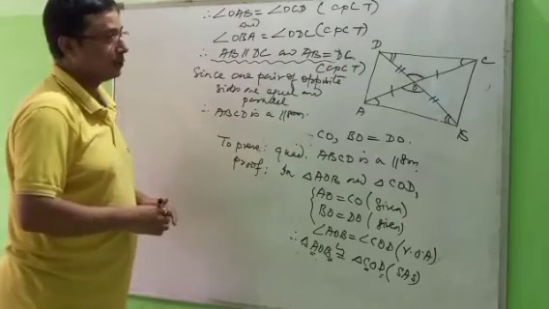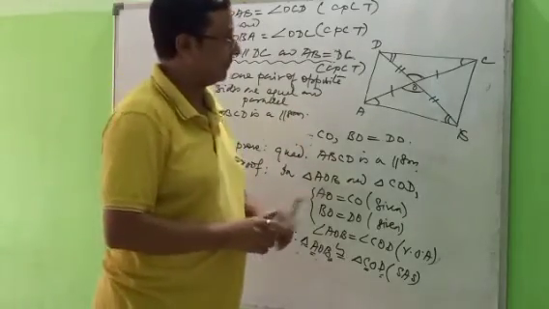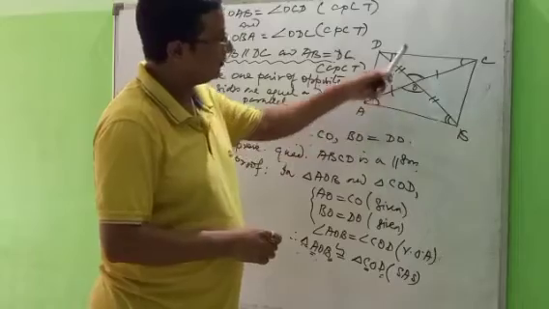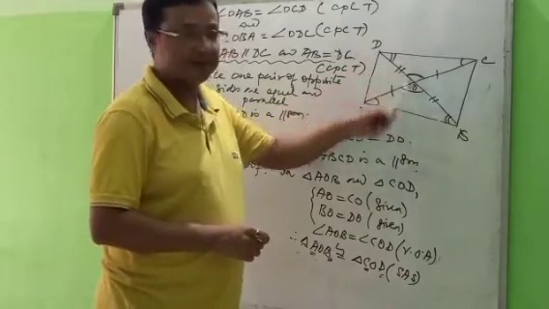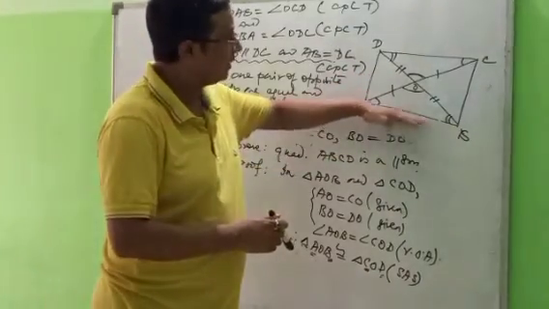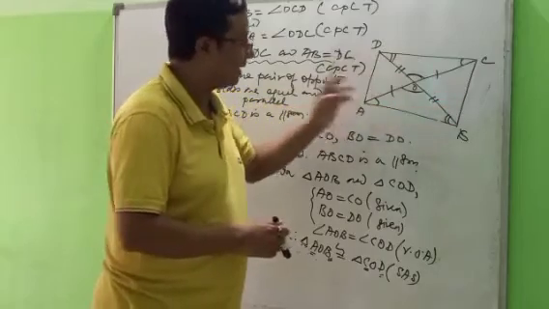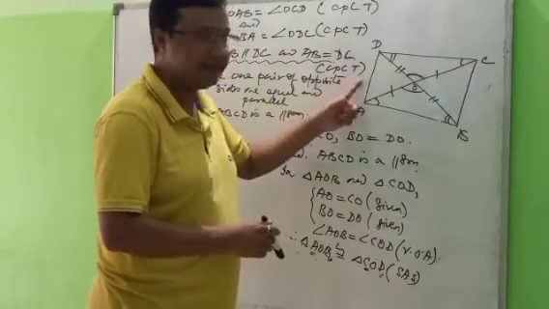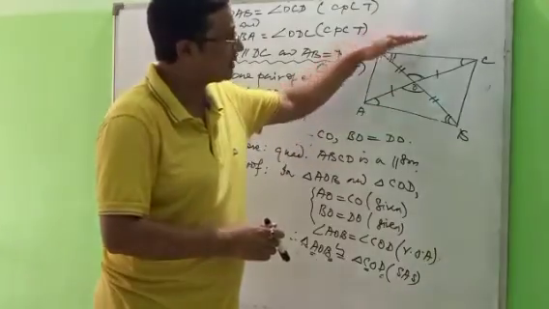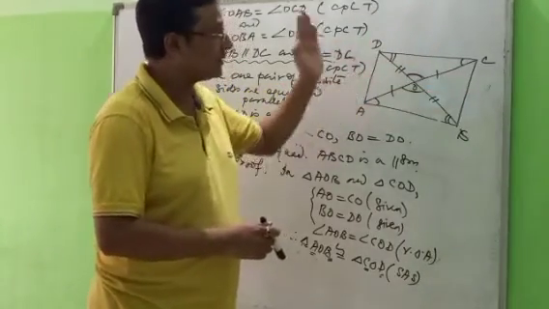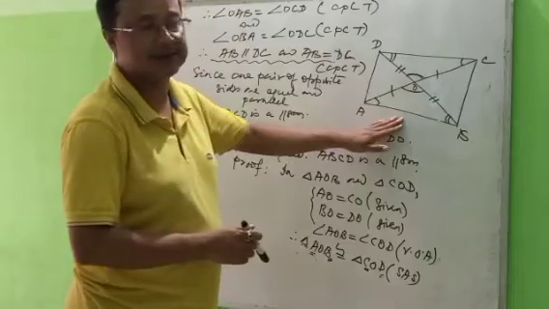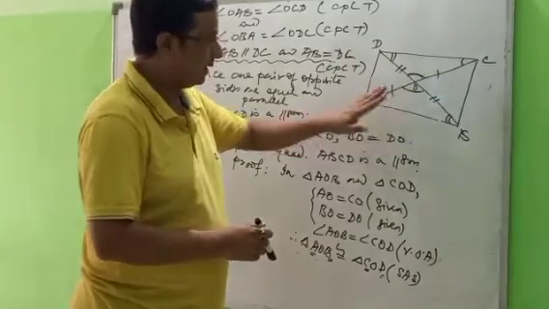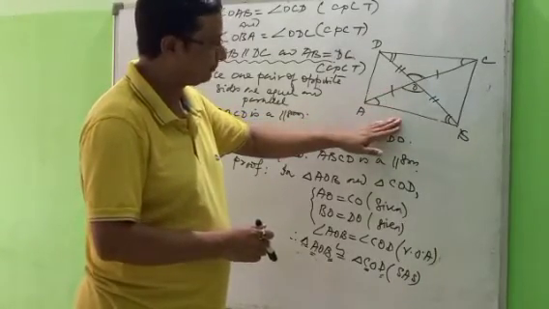So in today's class you have learned the definition of the parallelogram: if both pairs of opposite sides are parallel, that is AB is parallel to DC and BC is parallel to AD, then that quadrilateral is called a parallelogram. Then you have learned the remaining three.